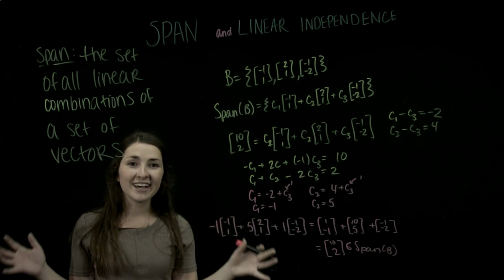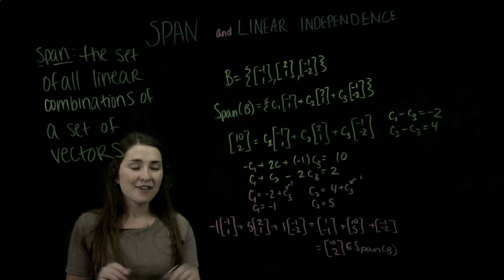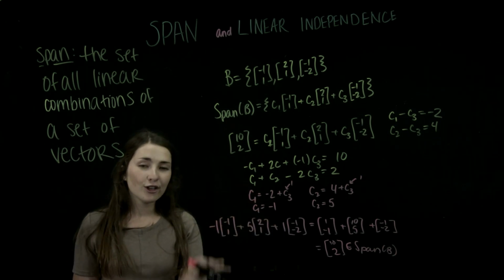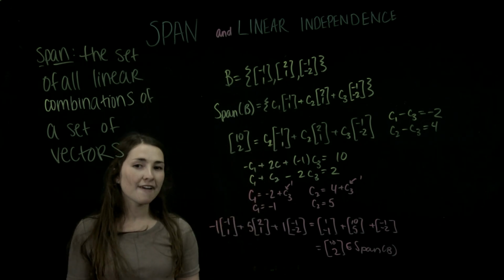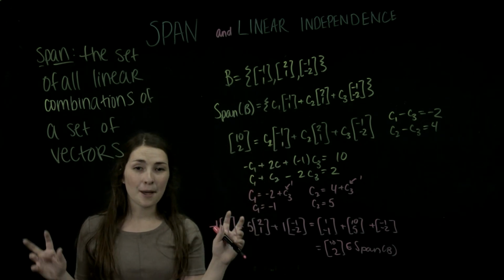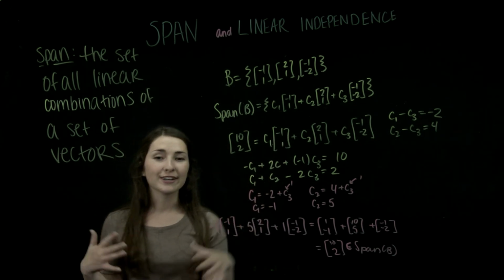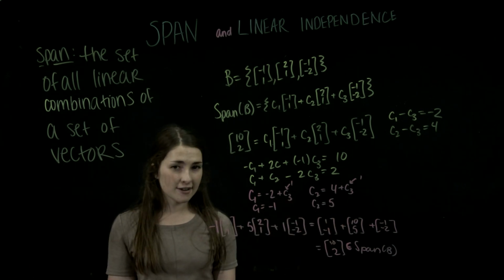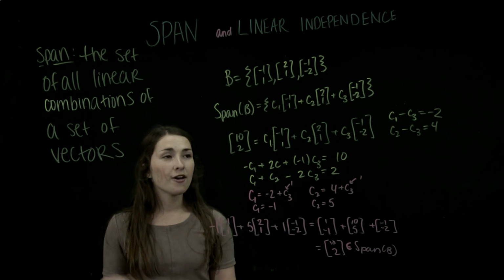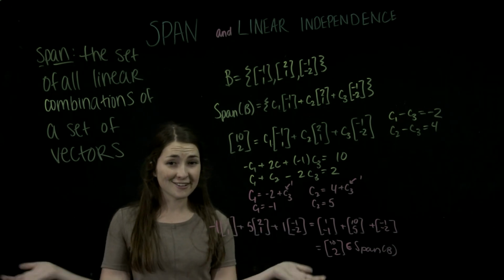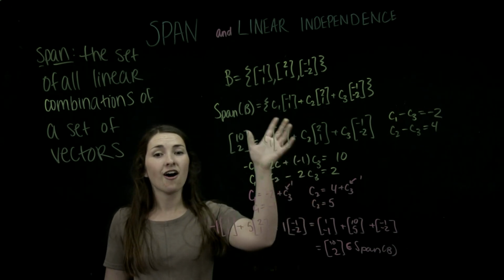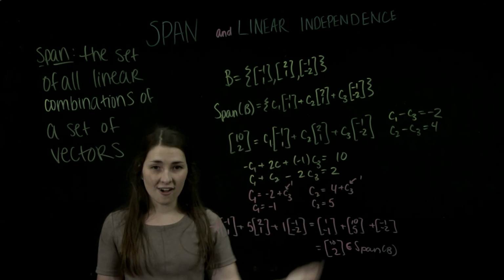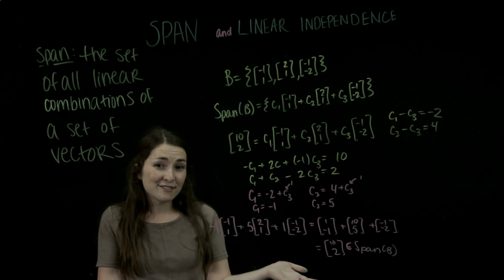Wow, groovy. So now we have a method to find any vector in R2 using these 3 vectors as building blocks. So as we know that our span of B is equal to all the linear combinations of a set of vectors, we know that first of all, this set is closed under addition and multiplication because all of the linear combinations are in the span of B, because that's how it's defined.